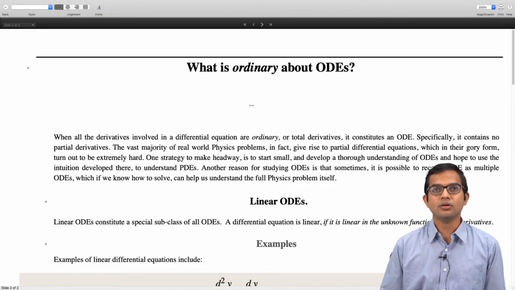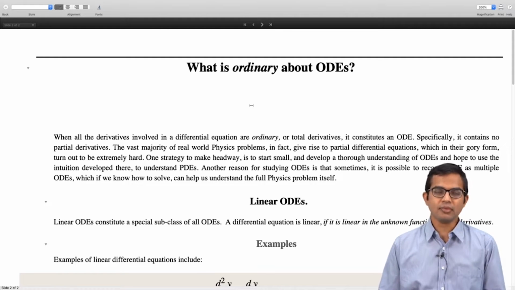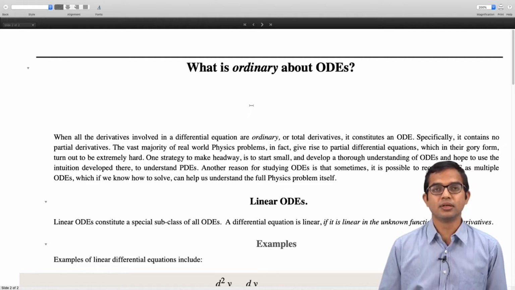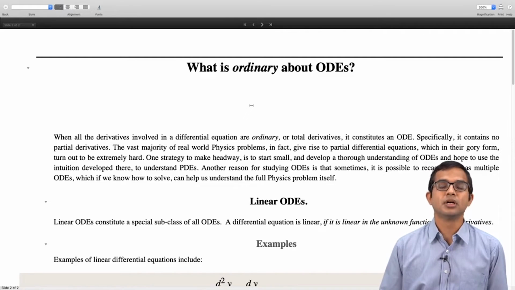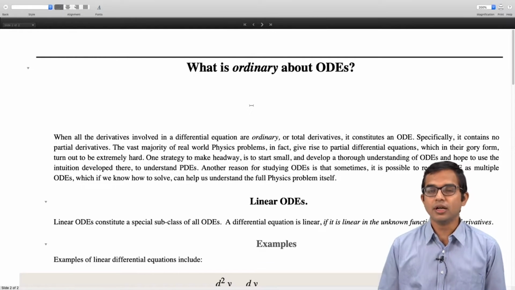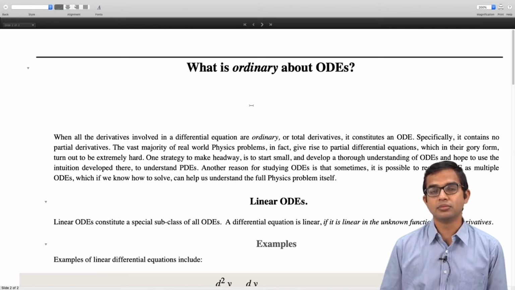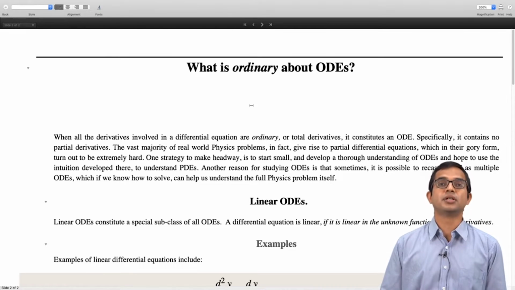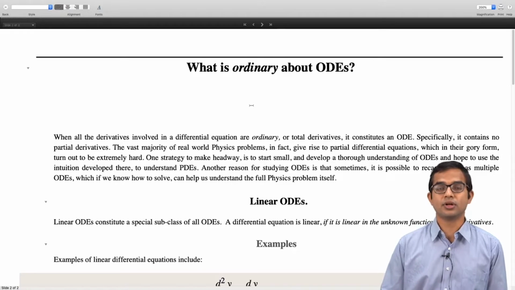So in general in physics we have lots of real world phenomena which actually give us partial differential equations, and it's possible, using certain techniques for certain classes of partial differential equations, to recast these partial differential equations into ordinary differential equations, or a smaller set of partial differential equations can be recast as a larger set of ordinary differential equations.